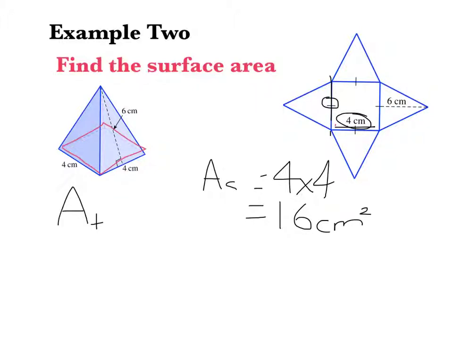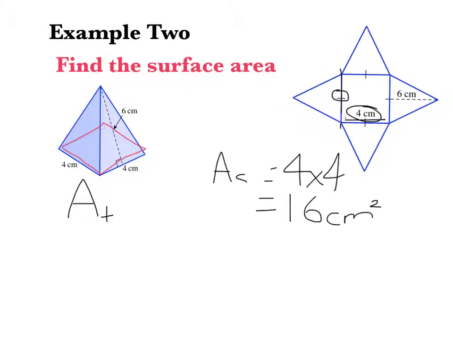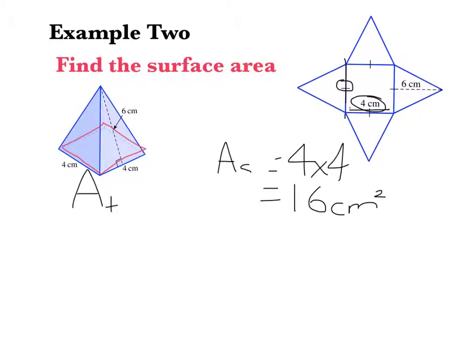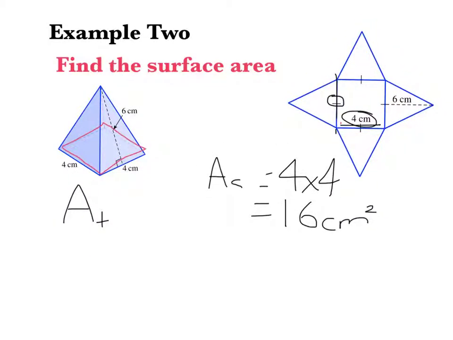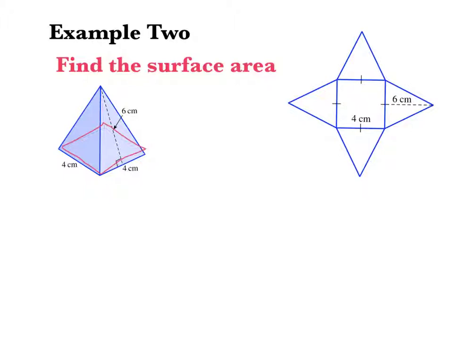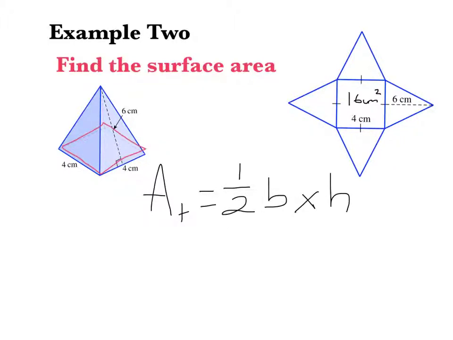And remember, our formula for a triangle is half base times height. So I'm just going to rub this out. I know this one here is 16 centimeters squared. Now our area of the triangle is equivalent to half base times height. That's how I work out the area of a triangle.